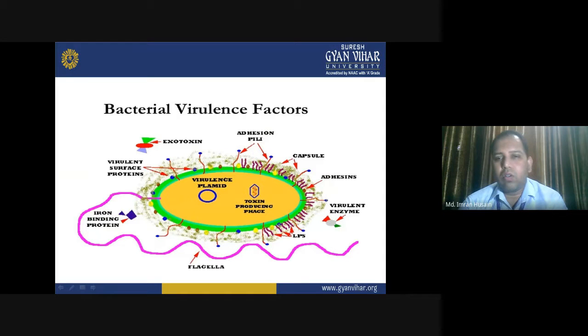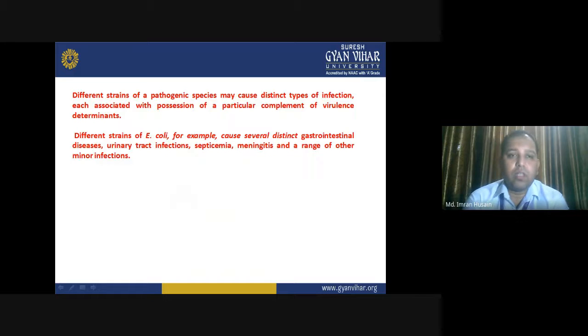So these are all virulence factors that are essentially needed for this purpose. Different strains of a pathogenic species may cause distinct types of infection, each associated with possession of a particular complement of virulence determinants. Different strains of E. coli, for example, cause several distinct gastrointestinal diseases, urinary tract infections, septicemia, meningitis, and a range of other minor infections.